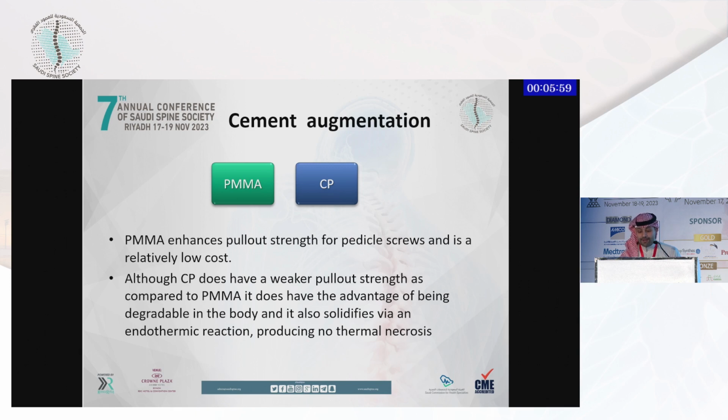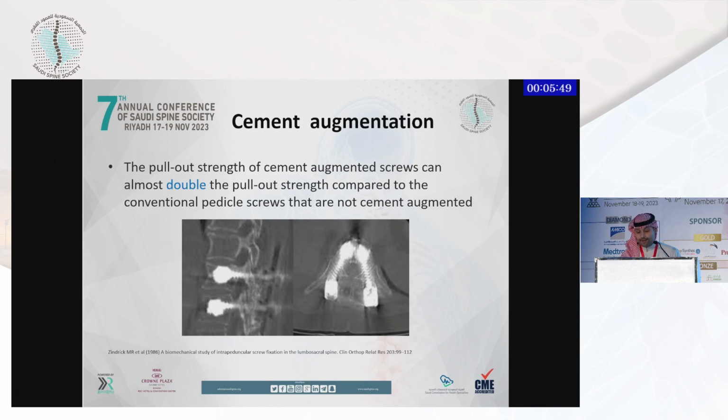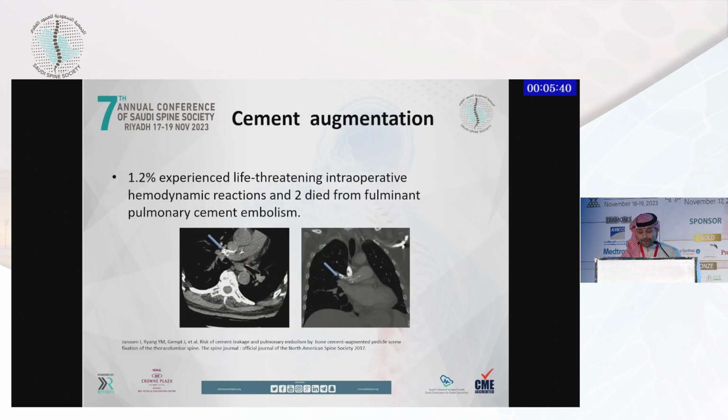Compared to PMMA, it has the advantage of being degradable in the body, and it does not cause any thermal necrosis as it works through an endothermic reaction. Using cement augmentation will double the pull-out strength of conventional pedicle screws, and this technique is sometimes associated with devastating complications, known as cement embolism.